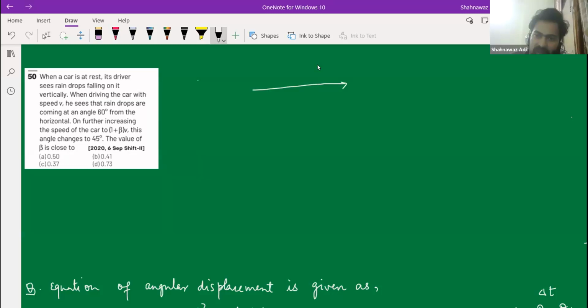This is the velocity of the car, and this is the rain falling, but he sees it at an angle from the horizontal. So with the horizontal, this is making a 60-degree angle, right? On further increasing the speed v.